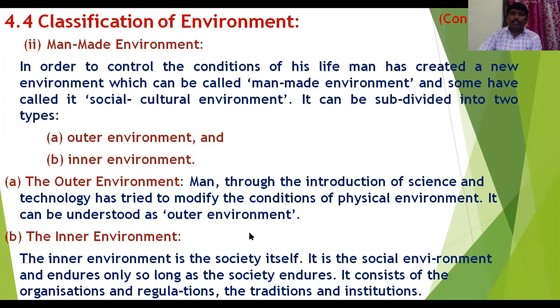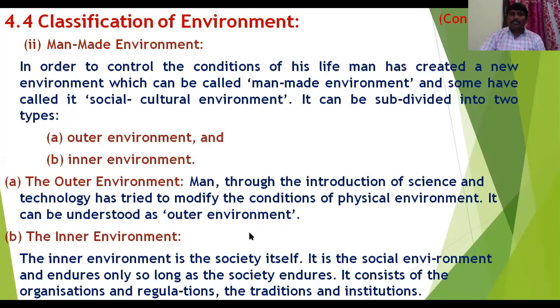A, the outer environment. Man, through the introduction of science and technology, has tried to modify the conditions of physical environment. It can be understood as outer environment. What we are today is because of the modifications of physical environment introduced by man's technology.